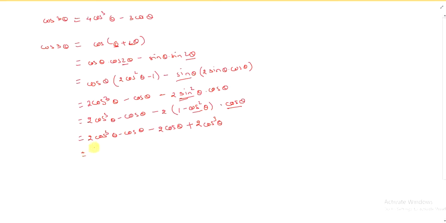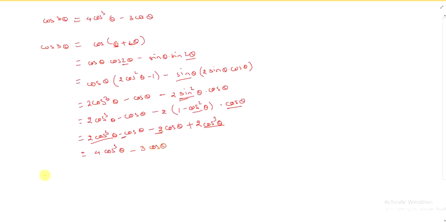So is equal to, collecting the terms of same indices. So here 2 cos cube theta plus 2 cos cube theta, that is 4 cos cube theta, and minus 1 cos theta and minus 2 cos theta, both have negative sign, and 1 plus 2 is 3 theta.